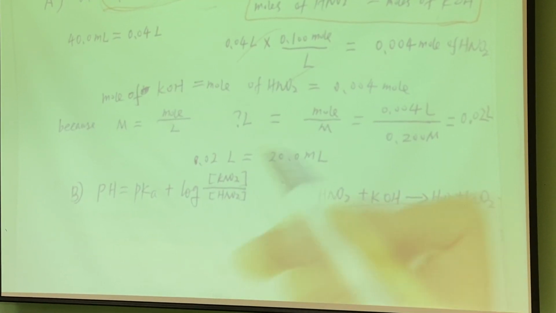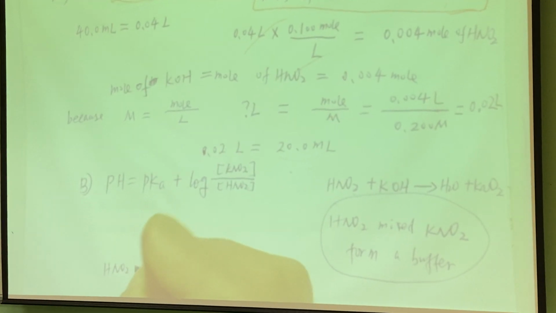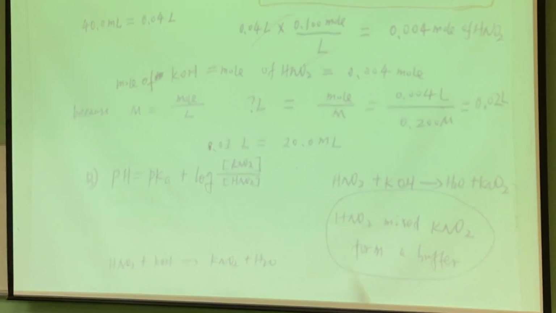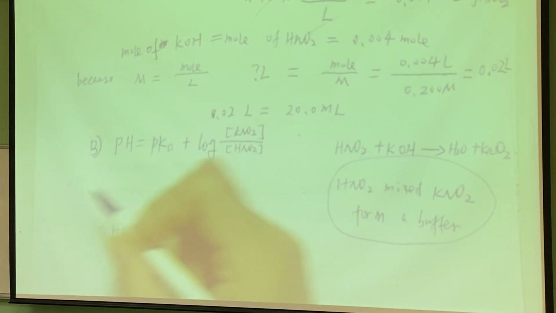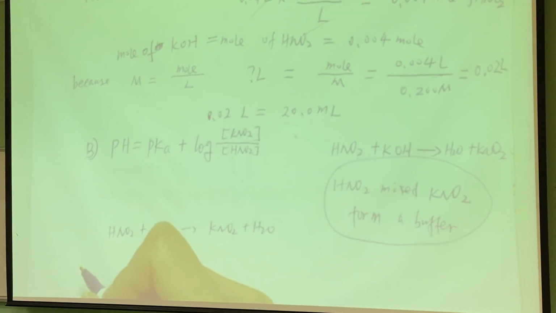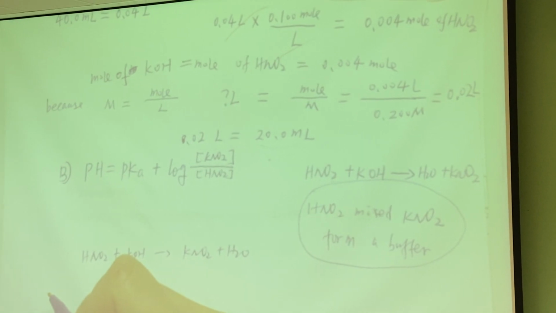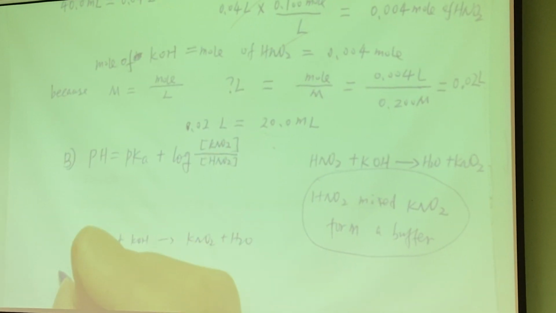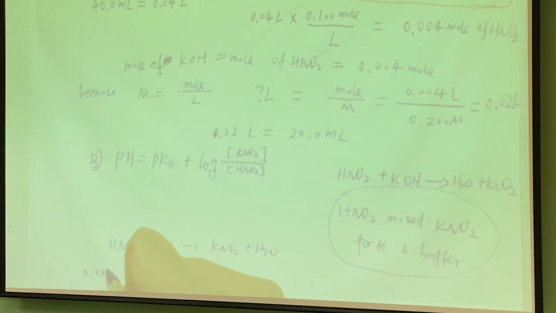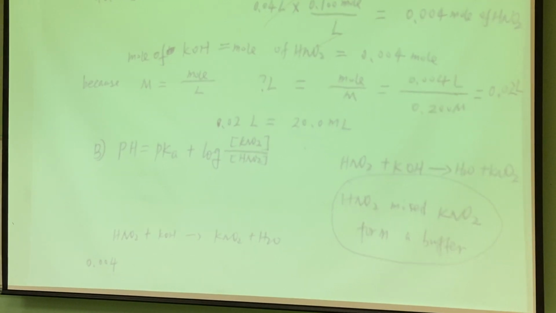So now, let's say what happened in this reaction. Now let me write down this. In the beginning, the concentration is 0.1. So we already know the moles, right? 0.004 moles.